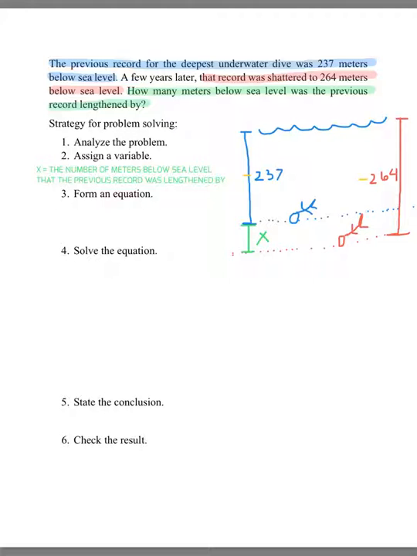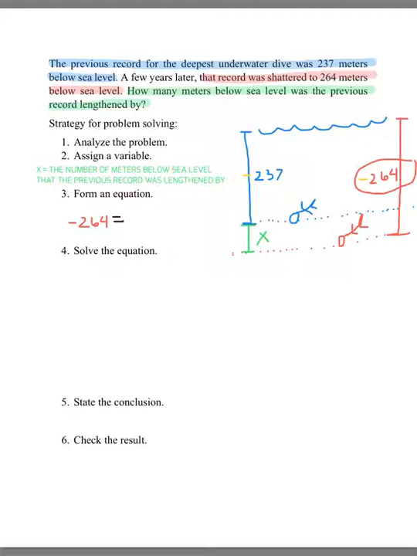So let us go ahead and start our equation. So what do we know? Well, we know the new record is negative 264 meters. Another way to say that is 264 meters below sea level. Below is represented by the negative sign. So that's our new record.